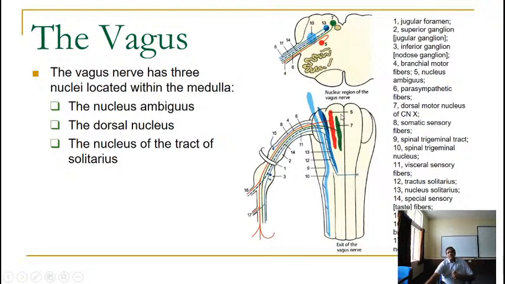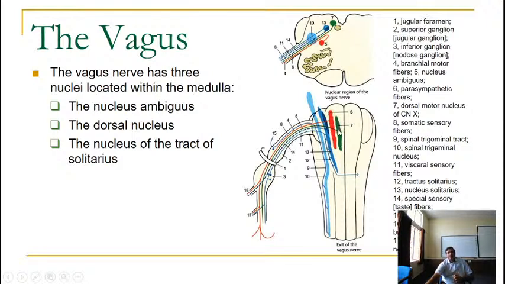Now, of these three nuclei of the vagus, the nucleus ambiguus, the red one, is the motor center for the various muscles that are innervated by it, whereas the dorsal nucleus carries the efferents of the parasympathetic fibers.